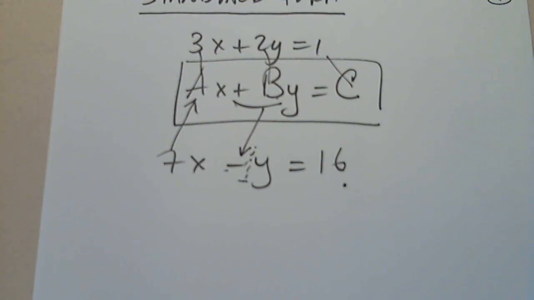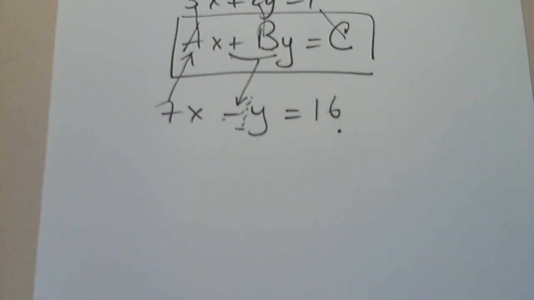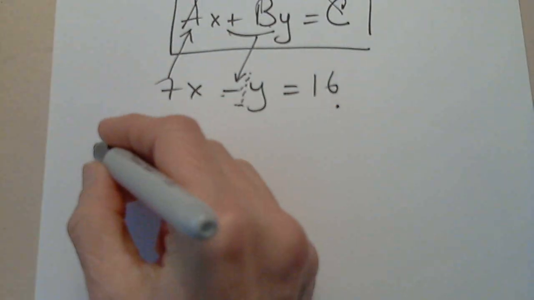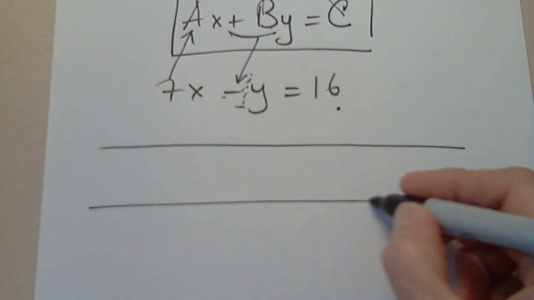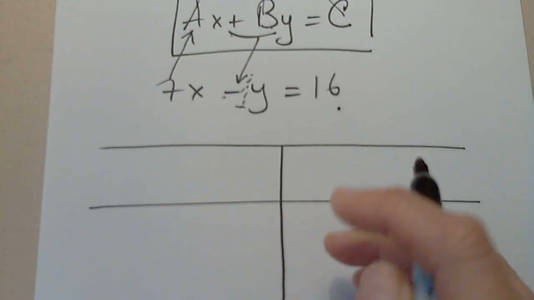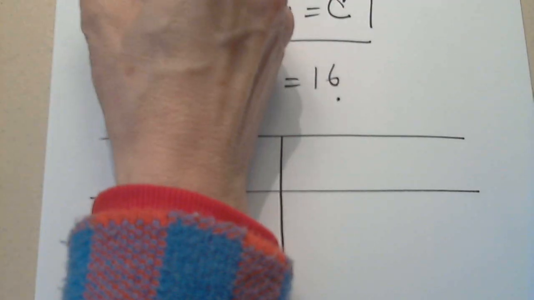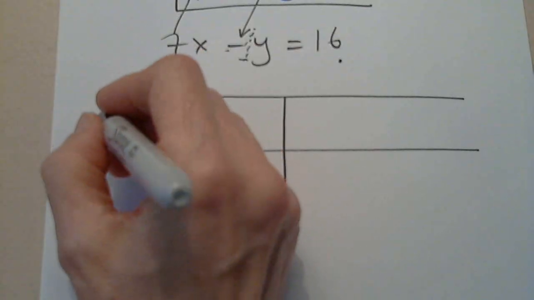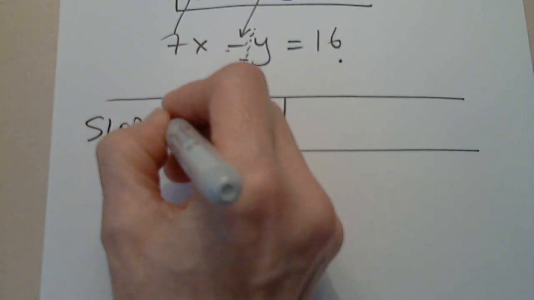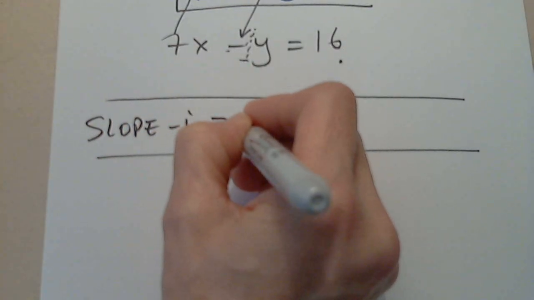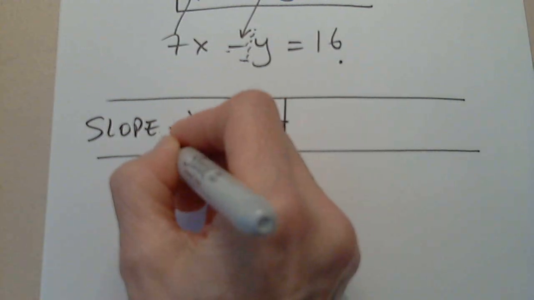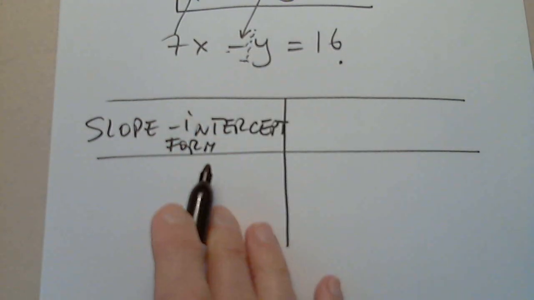There are other forms, since we mentioned this. So there are 2 other forms that are extremely useful, and we're going to talk about them. Okay, so this is standard form. This is the slope intercept form. This is a little bit confusing.